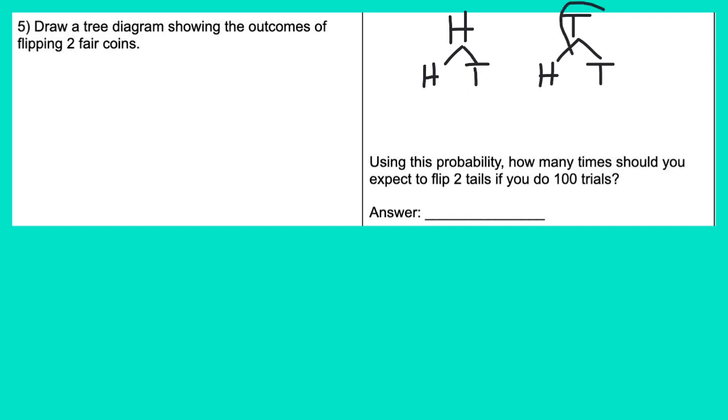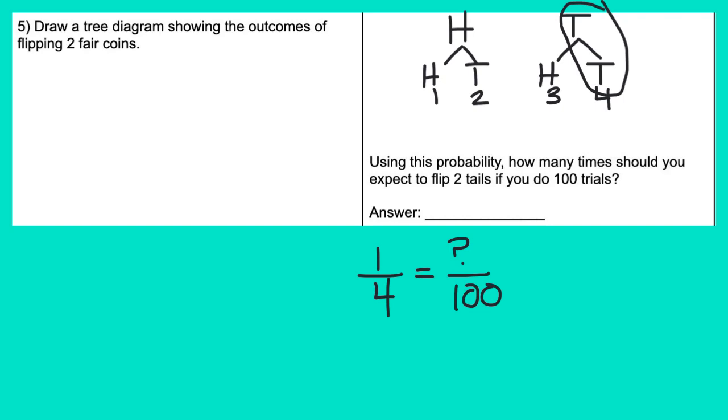It looks like out of these 4 outcomes, 1, 2, 3, 4, only 1 out of the 4 has tails, tails. So how many would that be out of 100? You're going to cross multiply and divide, and your answer is going to be 25 times. Catch up before you move on to the next slide.